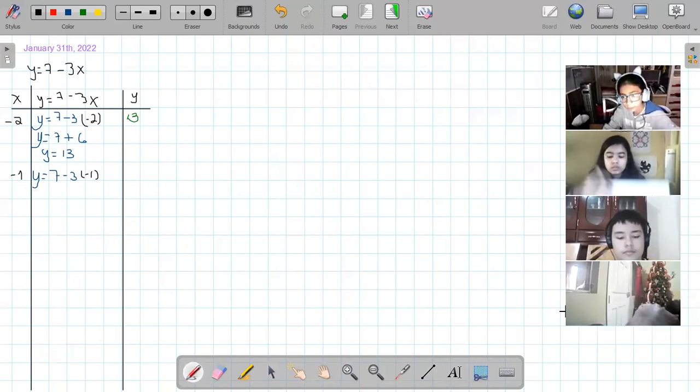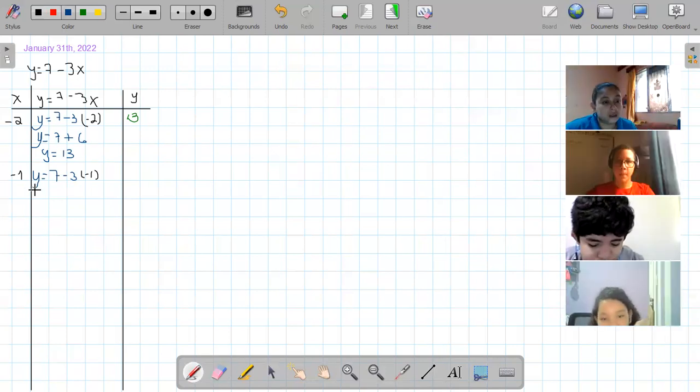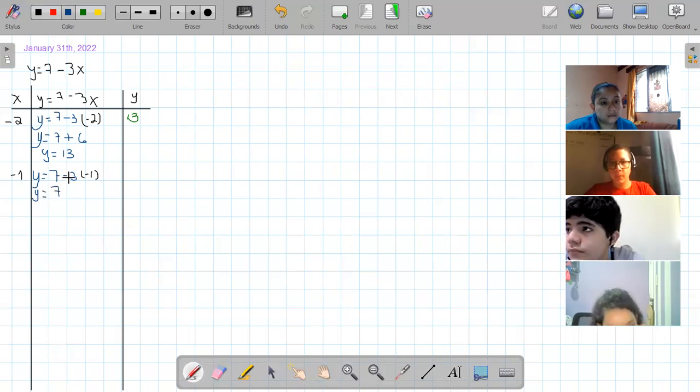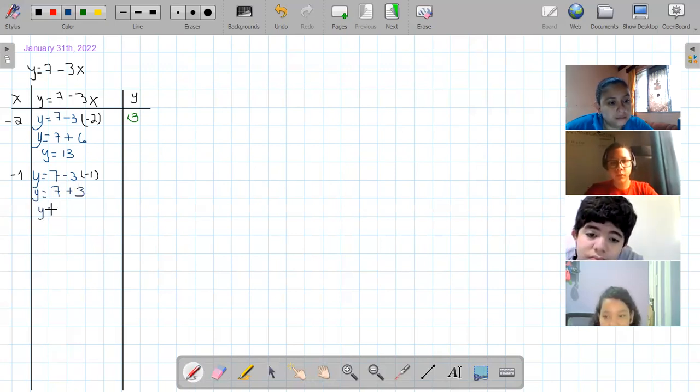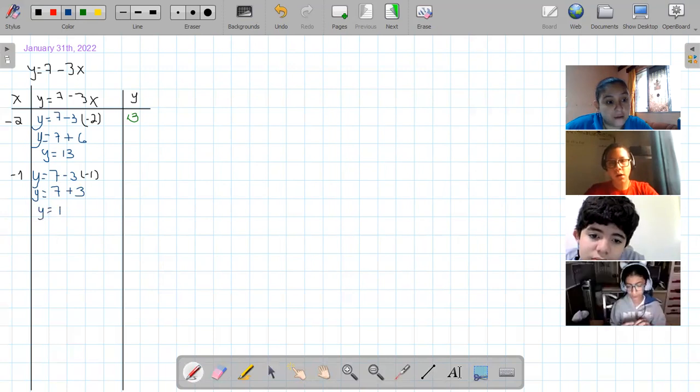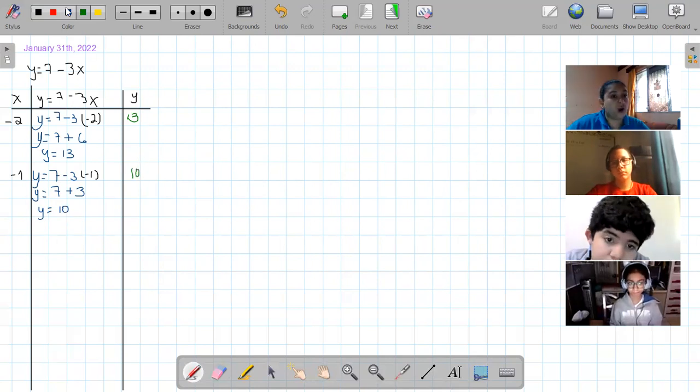So we're going to multiply -3 times -1, which is +3. And 7 plus 3 is 10. Very good. And that 10 is what I'm going to write over here in a different color so you can know that that's the value of y.